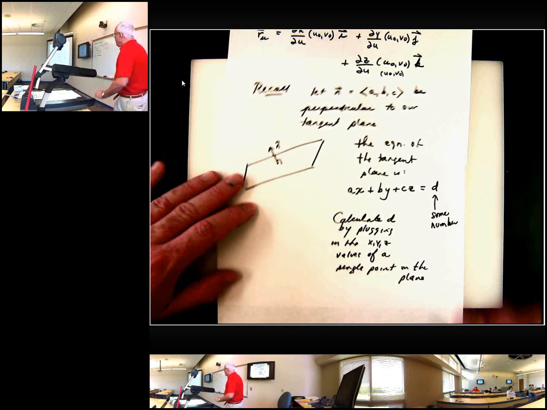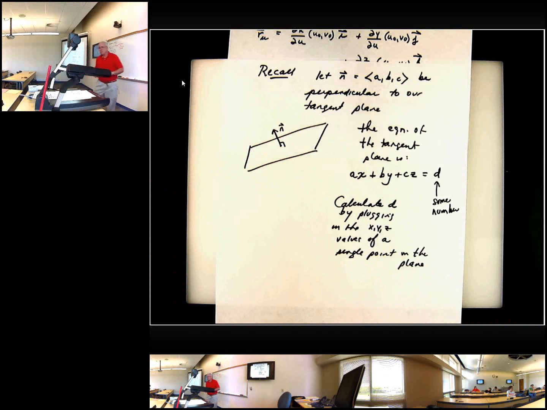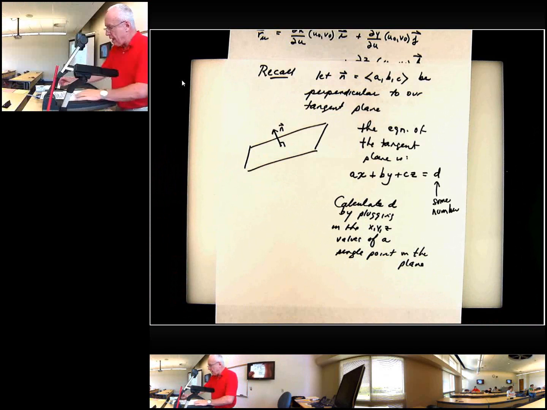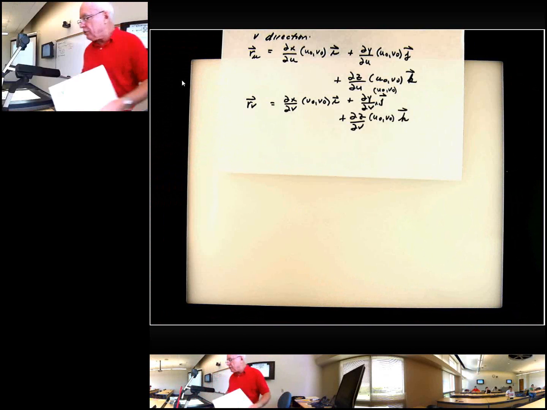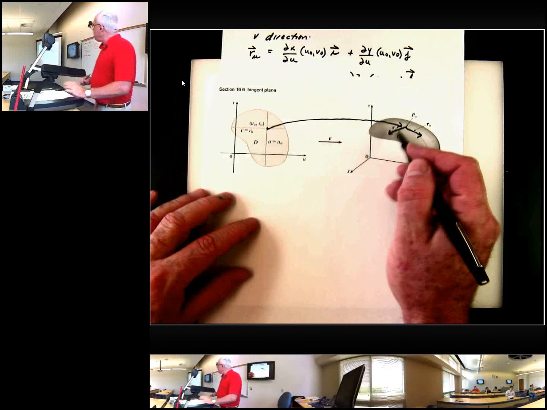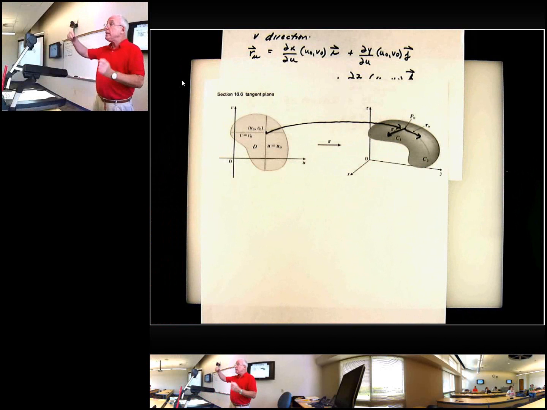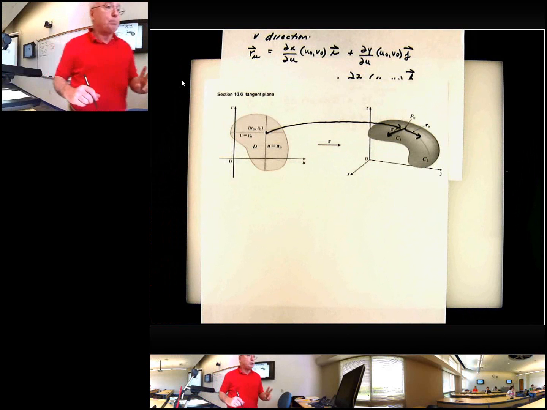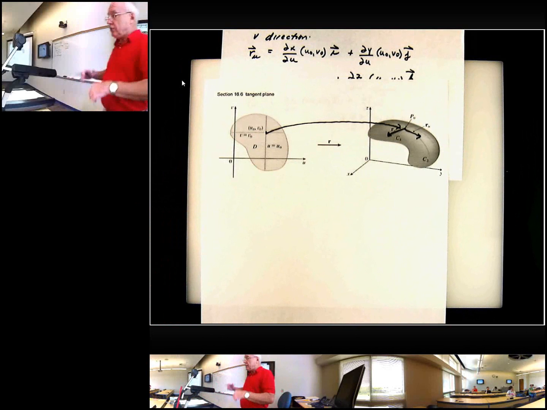All right. So that's something we had way back when, and let's go and see how we can apply that to the present situation. We've got these two vectors that are sitting on the tangent plane, so I can create a vector that is perpendicular to them by taking the cross product of the two vectors. Remember, the cross product is a vector that's perpendicular to both of the given vectors.